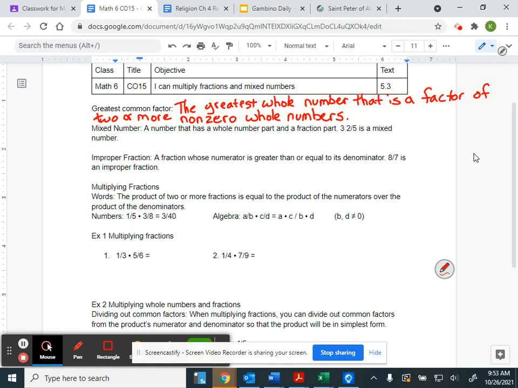An example of this, the greatest common factor of 18 and 27 is 9. So that's the biggest factor that both of those numbers share.